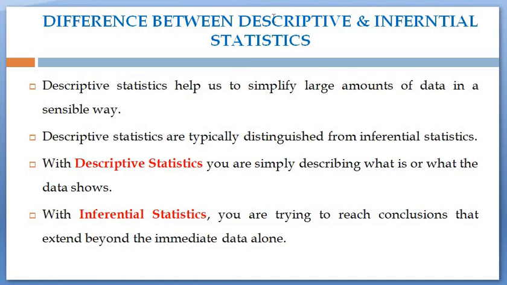Now, what is the difference between descriptive and inferential statistics? Descriptive statistics help us to simplify a large amount of data in a sensible way, as it gives the summarization of the data. It is a very sensible way to identify what our data looks like.